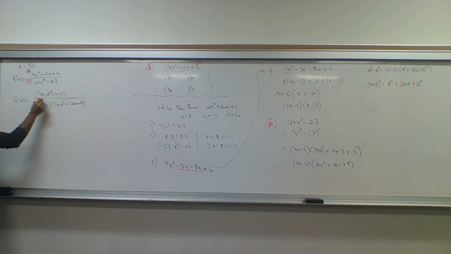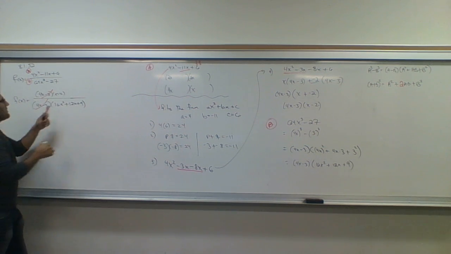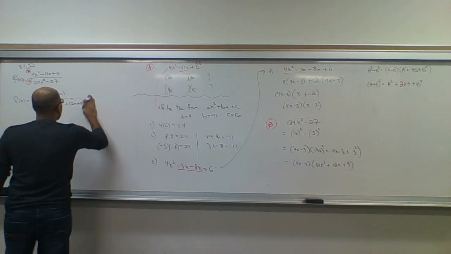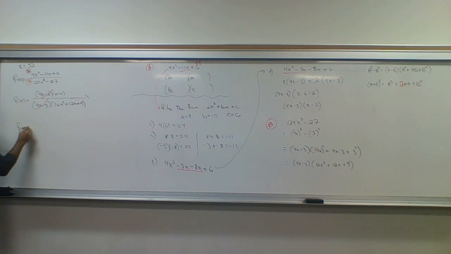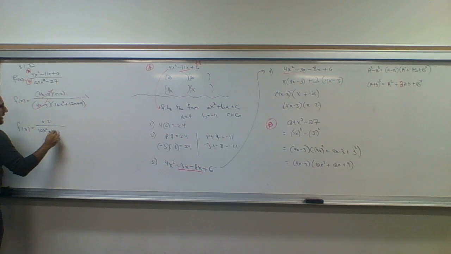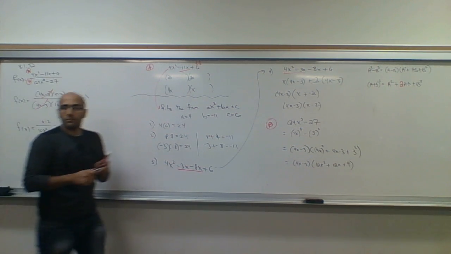And now this guy and this guy cancel, leaving me just that. So my final answer is f of x equals x minus 2 divided by 16x squared plus 12x plus 9. Any questions?